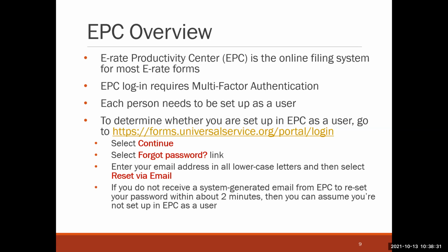So if you're new to E-Rate, you can be pretty confident that you're not going to be set up as a user. But if you're part of the organization and you're not sure whether your user credentials have been set up, then you would go to the portal and try to get into it by using the forgot password link.